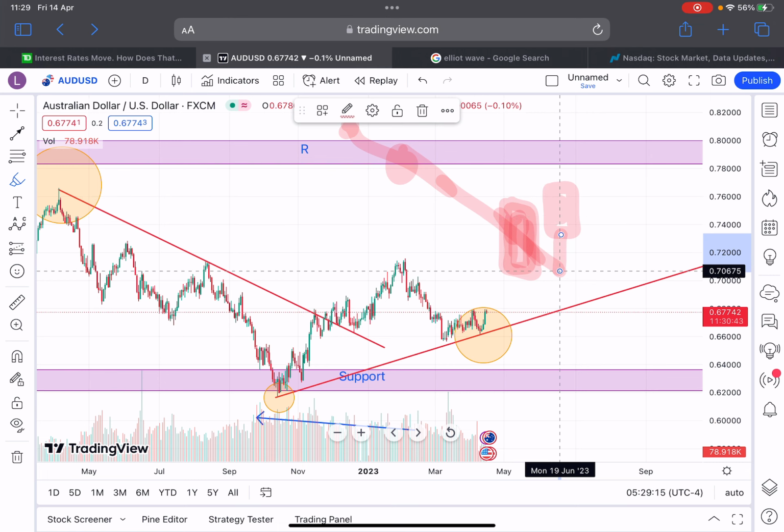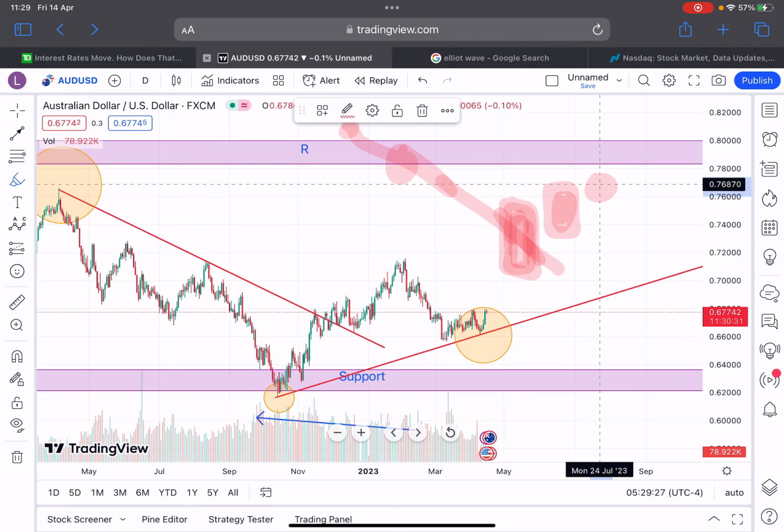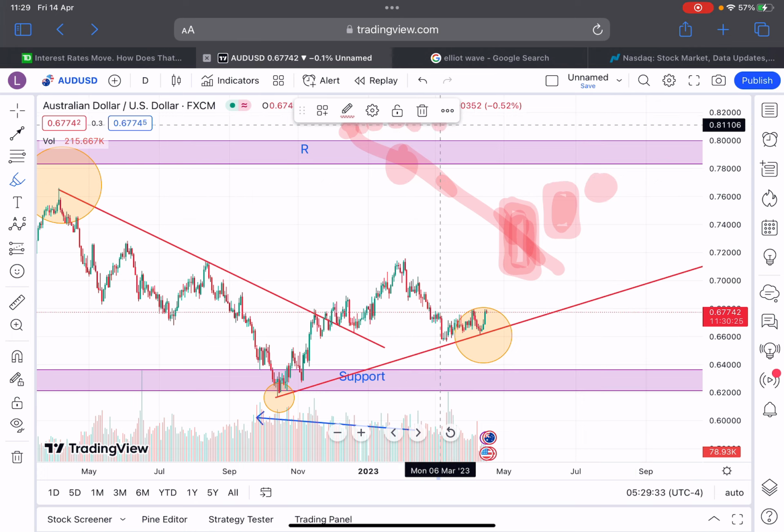It doesn't have to touch this trend line. After it is done forming outside, then you can enter here and use this price that is on your touch 1 as your take profit.